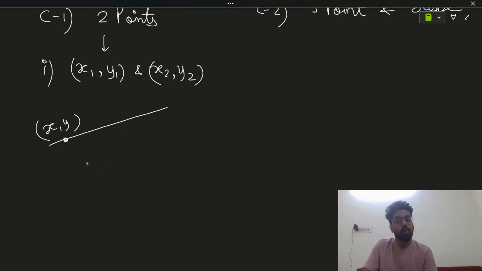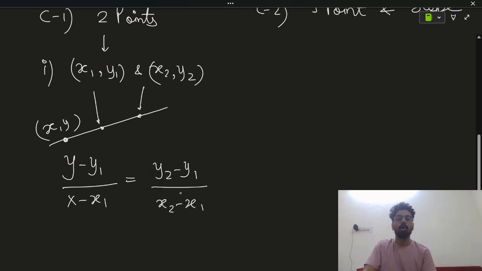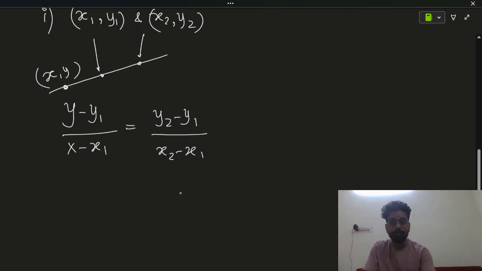This is x1 comma y1, let's say this is x2 comma y2. Now delta y upon delta x, so I will write y minus y1 upon x minus x1 is equal to y2 minus y1 upon x2 minus x1, which is in the book given as 2 point form. I hope it is clear to all of you.